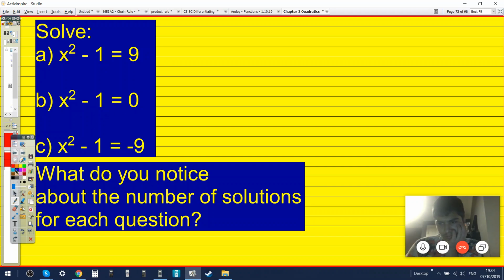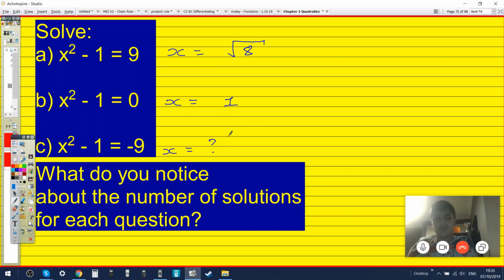Okay, how about this? So x equals root 8, which it doesn't matter. X equals 1, and then x equals nothing.